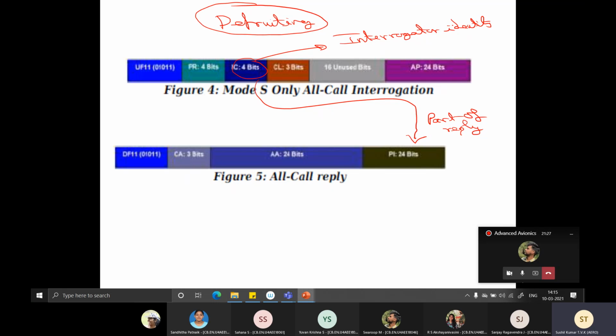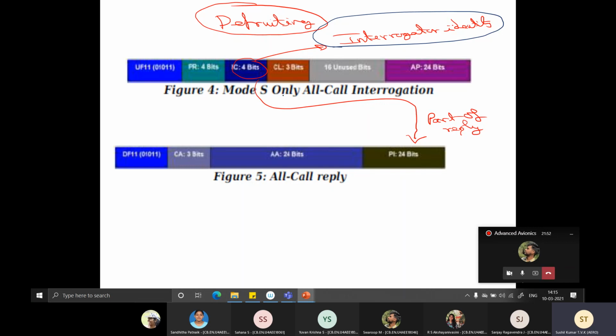So you get replies from both interrogations, and now you get a reply which is interleaved. That's called fruiting. This particular thing can be overcome by using the interrogation identity. That's what Sanjay was trying to explain.